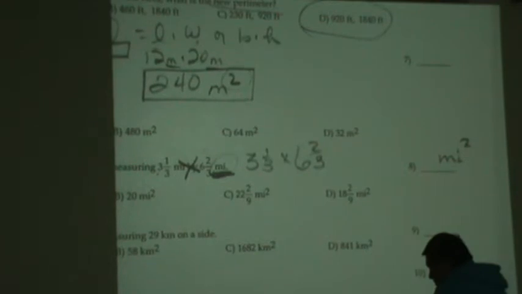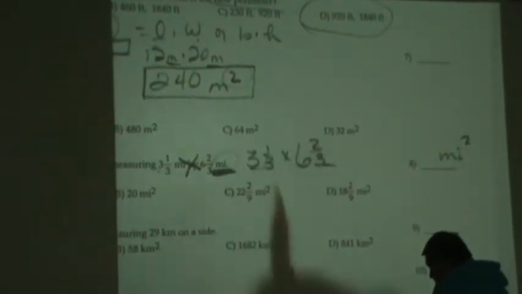Okay, find the area of a rectangle measuring 3 1/3 by 6 2/3. Again, we're going to multiply the length times width, or base times height, same thing. 3 1/3 times 6 2/3. We know it's going to be square miles. If you want to write it right away in your answer column, you could just put square miles so you don't forget.